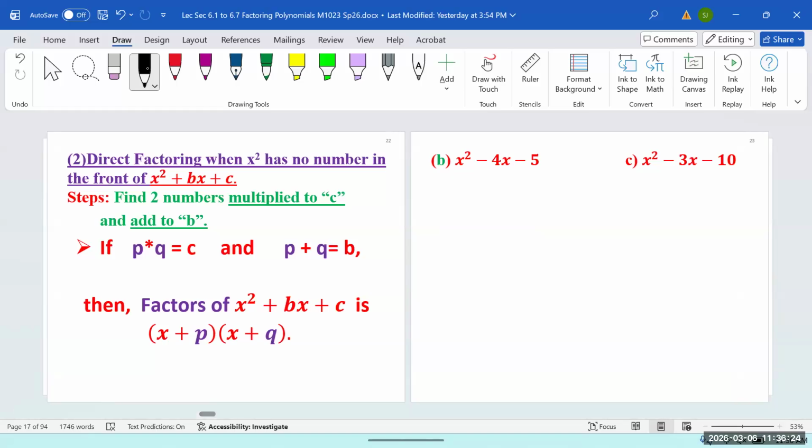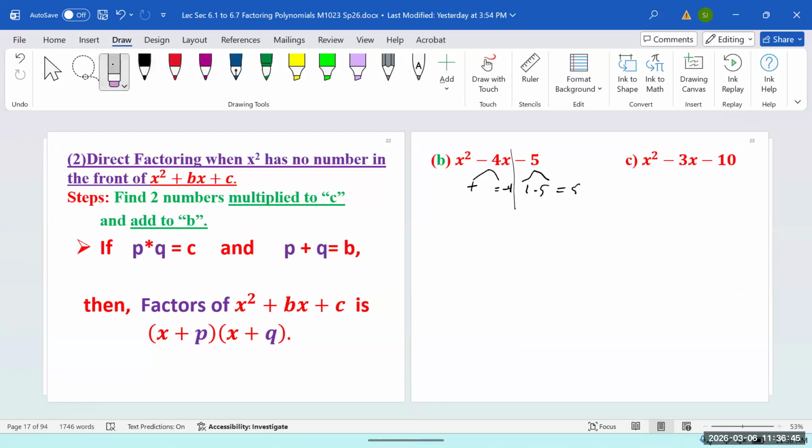Now here, can you find two numbers that multiply to 5 and add to -4? What two numbers do you get? 1 and 5. Now they multiply to -5 because our constant is -5.